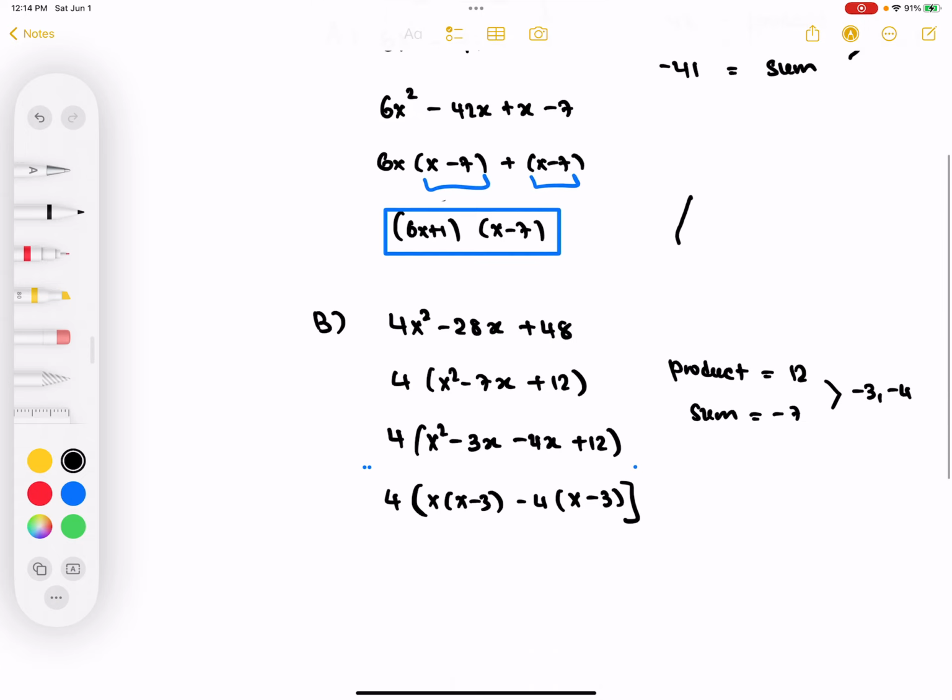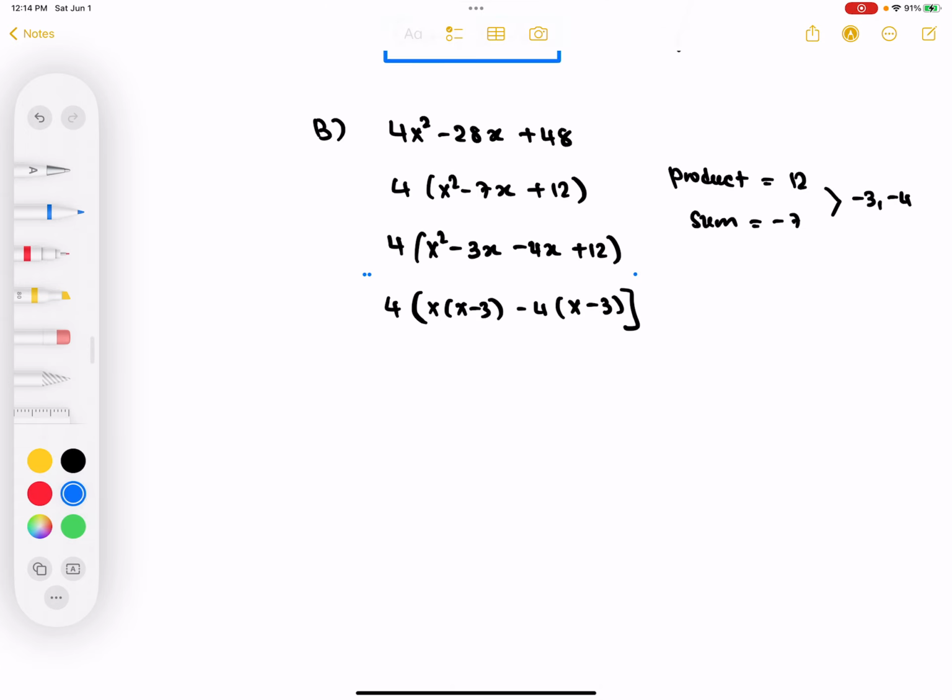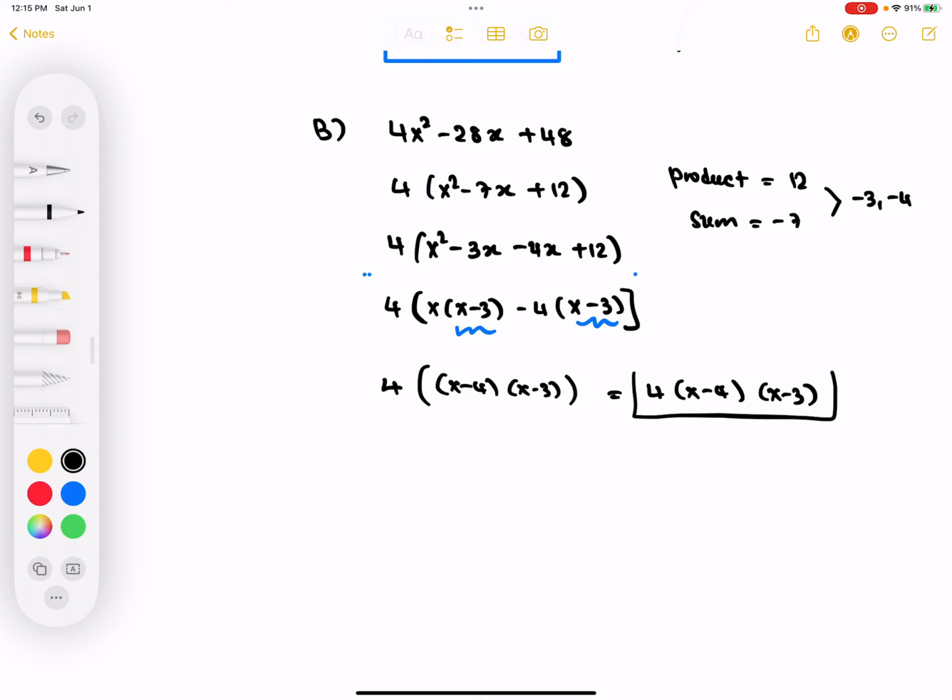So you can see in this step that x minus 3 is common, so I can write 4 times x minus 4 times x minus 3. So this can generally be written as x minus 4, x minus 3. This is another factoring of a trinomial.